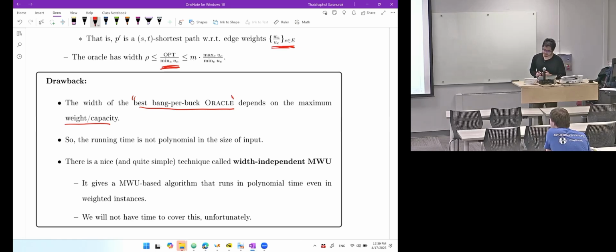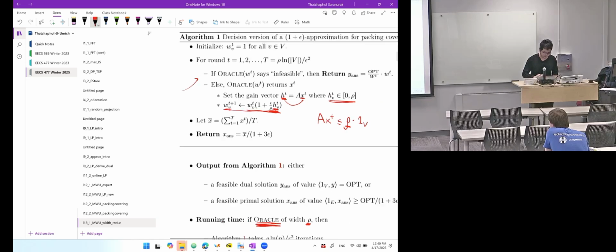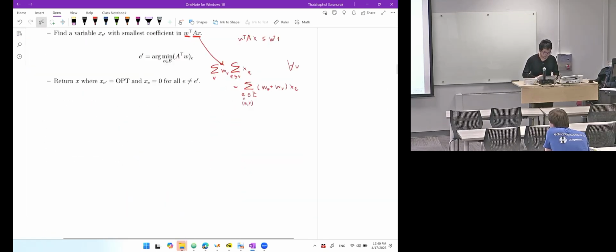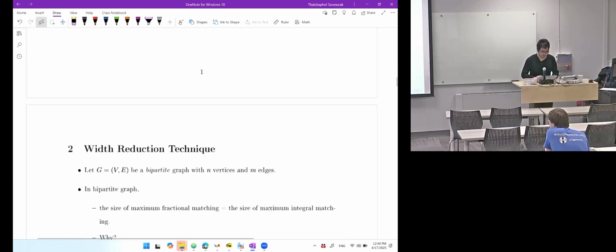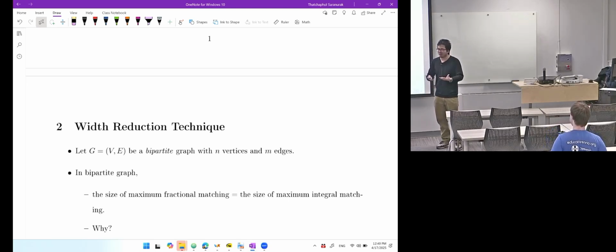All right, but what we're going to do today is see a different way to reduce the width, so that the width is small. We're still going to do something in the same framework where you need to come up with the oracle, and the whole framework still depends on the width of the oracle.